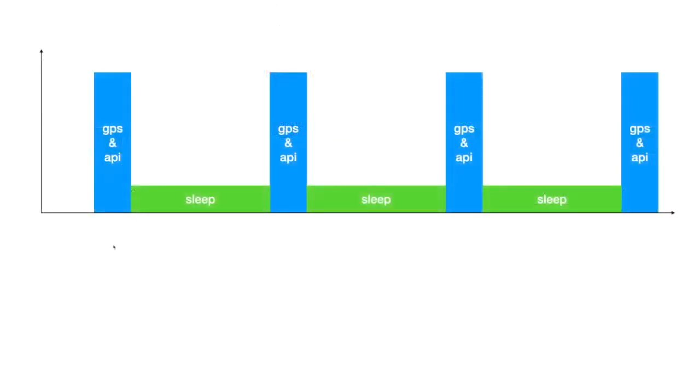Just to visualize what's happening here: at regular intervals, the GPS data is collected and the API is used to upload that data. And then the module, we're going to put it to sleep. And then it's going to wake up and repeat that same process over and over again. So what we're trying to do is minimize the power consumption from the unit during these time periods.